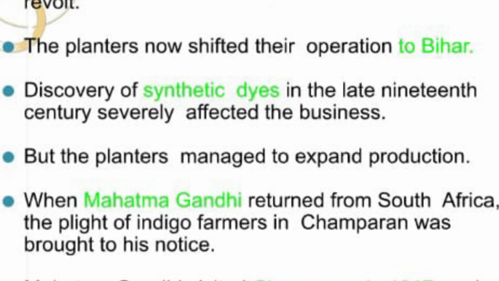It was only when Mahatma Gandhi, the father of the nation, came from South Africa, having achieved many fruitful results there, that the Champaran cultivators looked at Gandhiji with a lot of expectations. Gandhiji could understand the plight and condition of the indigo farmers in Champaran.